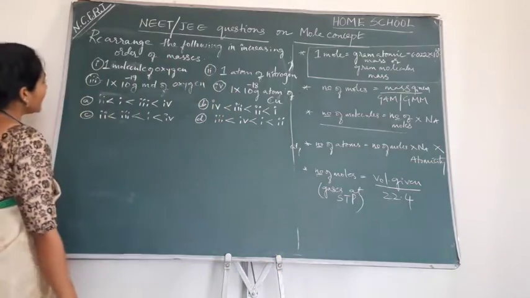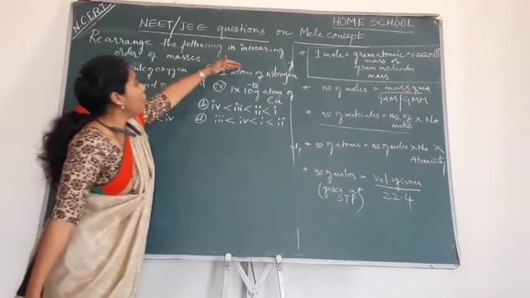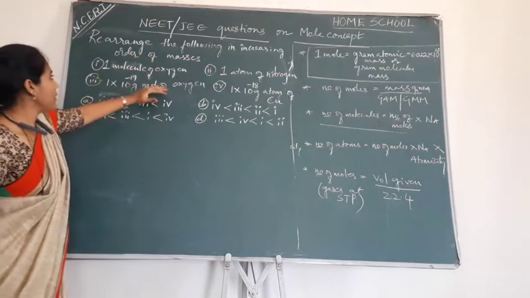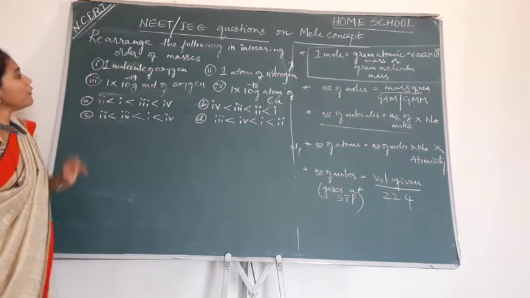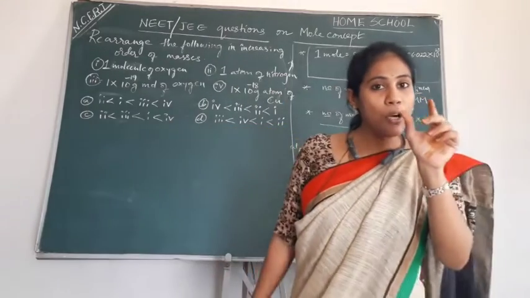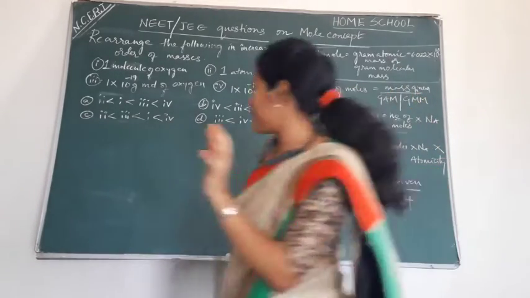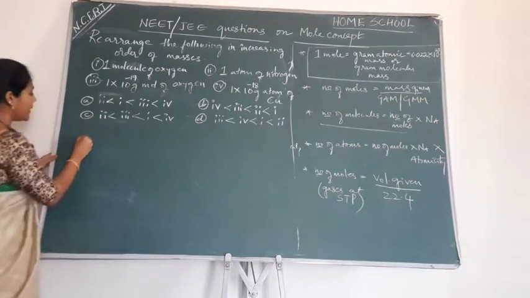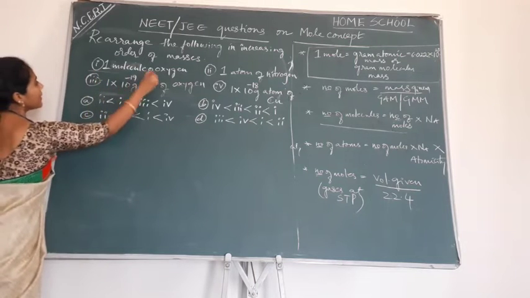First, let us try to calculate the masses of all the four sub-questions here. So one molecule of oxygen has how much mass? How do you calculate this? First one, I am calculating for this question.